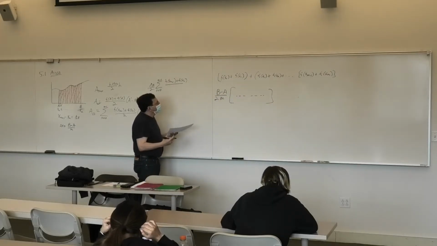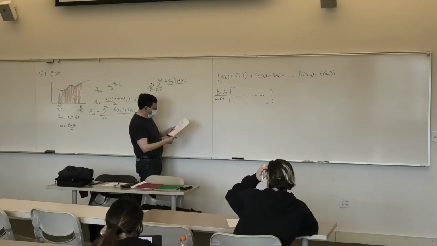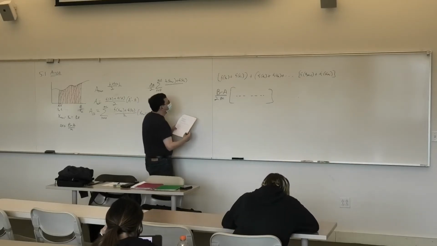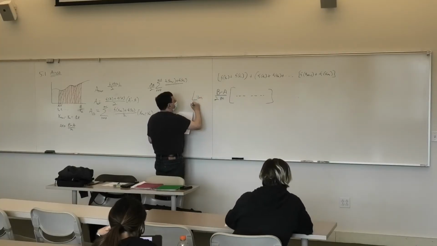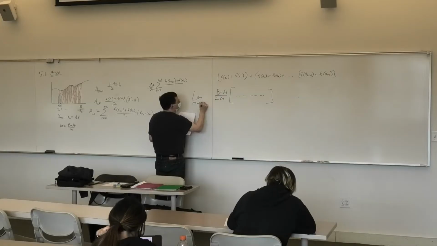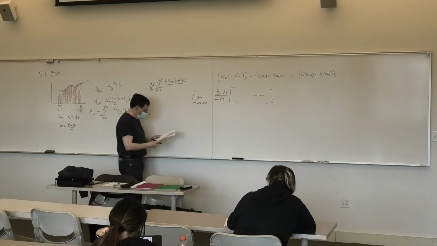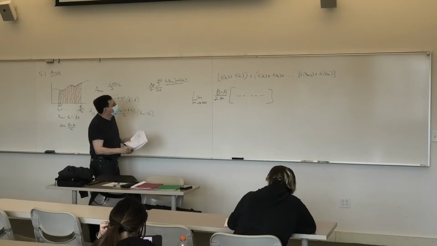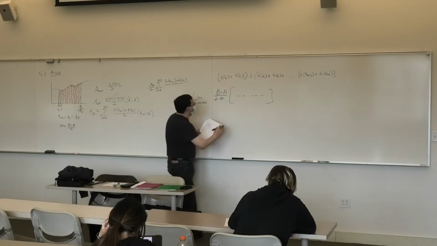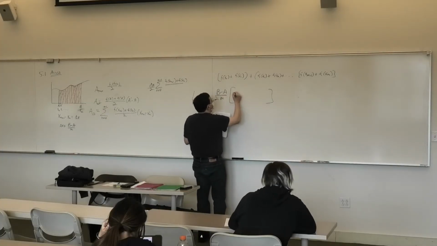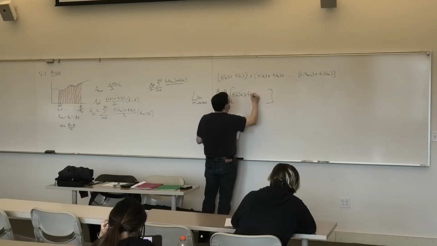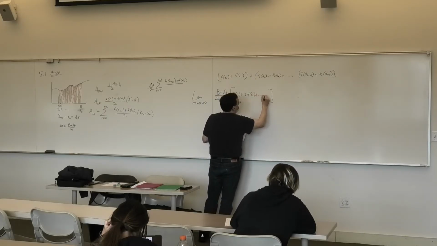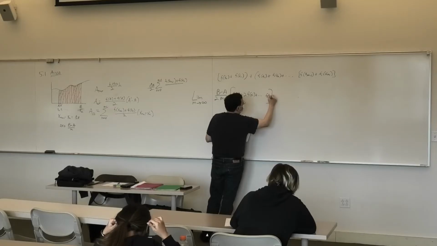And now we want to think of, what's the limit of this as n gets larger and larger? It's f(x0) plus 2 times f of x1 plus all the way f of x of m.